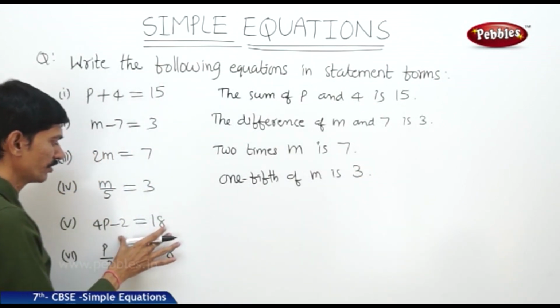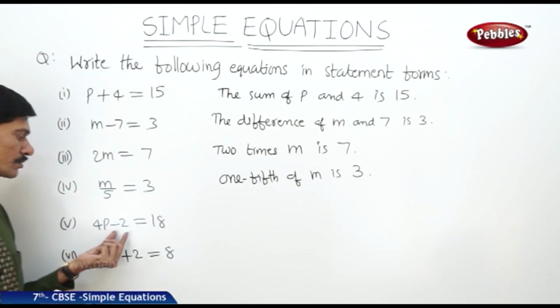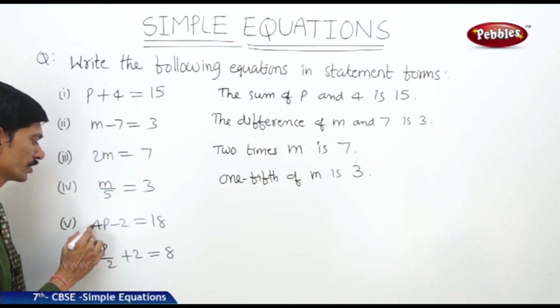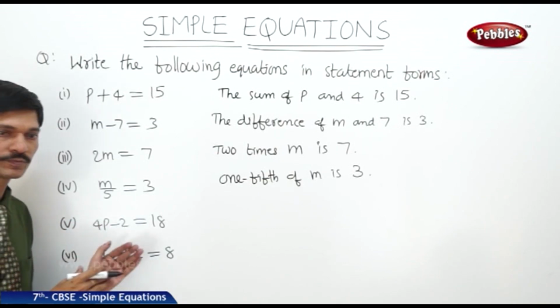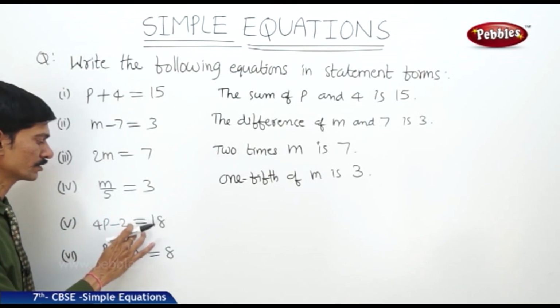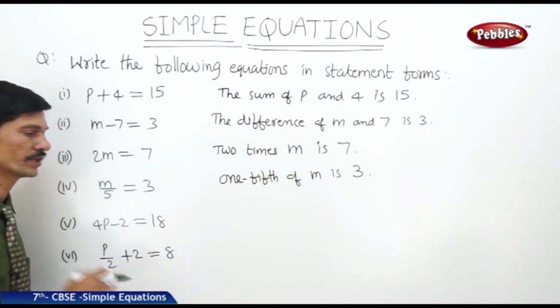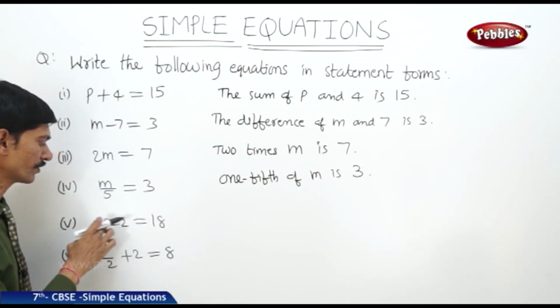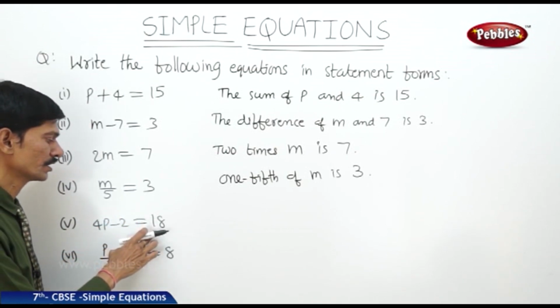Now the next equation, 4p minus 2 equals 18. So here first 4p means 4 times p. From 4 times p here 2 is subtracted, so it gives 18. So we can write this equation as 2 subtracted from 4p, then you get 18.